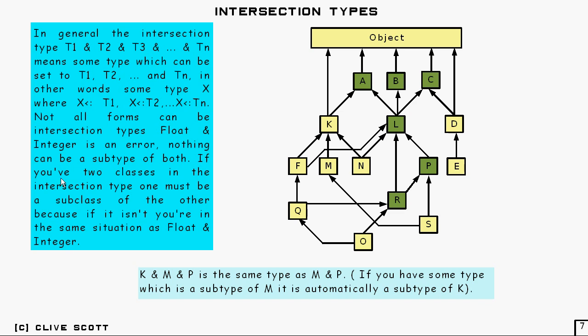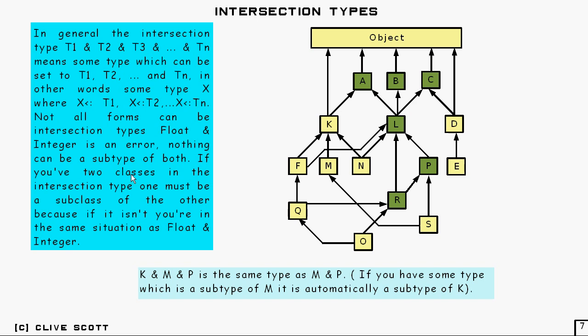In general, if you've got two classes in the intersection type, one of those classes must be a subclass of the other, and otherwise you're in this sort of situation here.